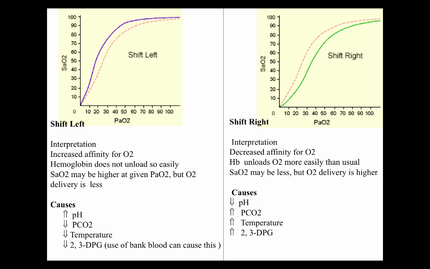Right shifts: a decrease in pH, an increase in PCO2, an increase in temperature. These things will shift the curve to the right, making oxygen less tightly bound to hemoglobin and more easily unloaded. This makes perfect sense if you think about when our tissue beds need oxygen, the pH will tend to go down.